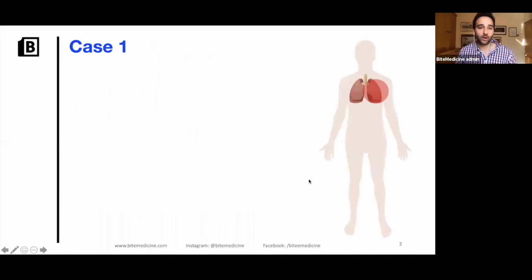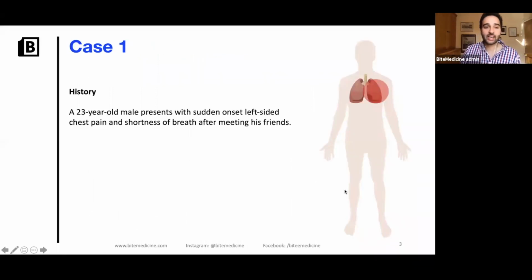So case number 1: we have a 23-year-old male who has presented with sudden onset left-sided chest pain and shortness of breath after he met up with his friends, which he shouldn't be doing unless he's 2 meters away from them. He is usually fit and well.